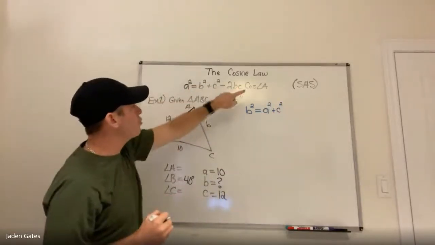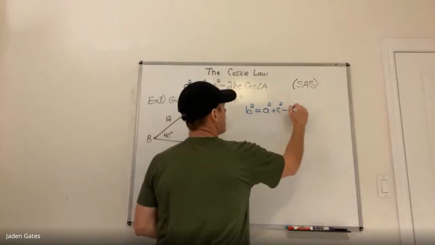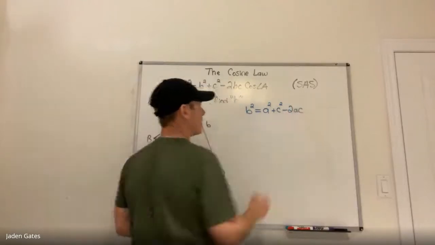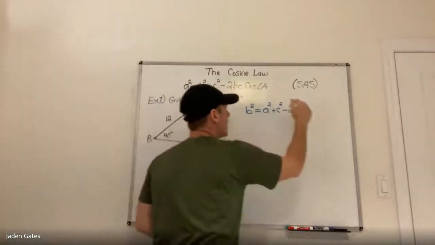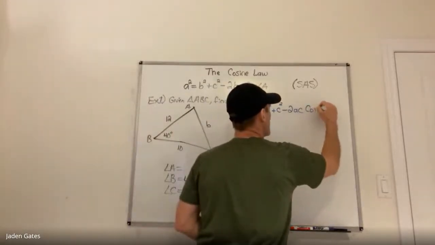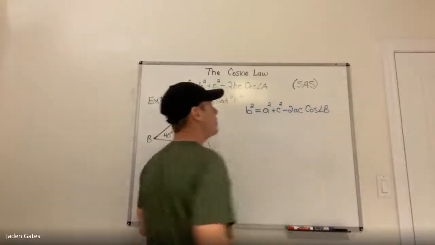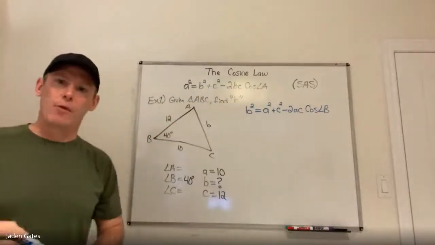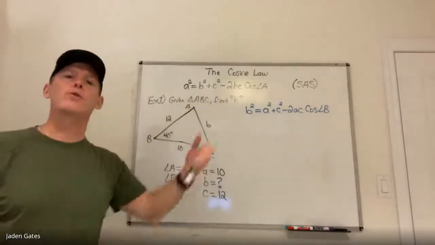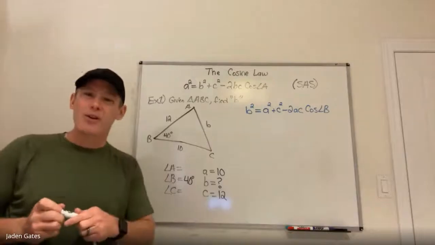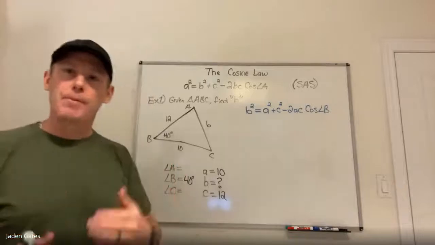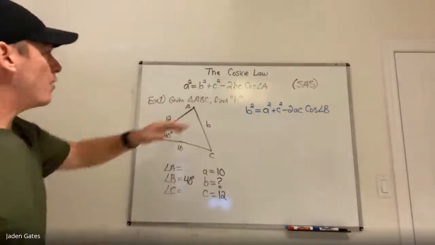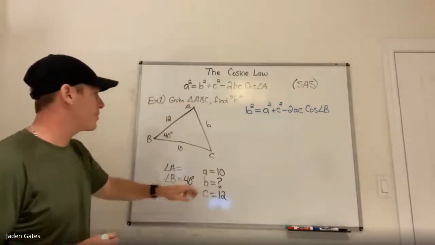Instead of minus 2bc, I'm going to have minus 2ac. Again, switching the b out for an a. And instead of cosine angle A, I'm going to have the cosine of angle B. So now I've rewritten that formula just by switching A's and B's. So now I can just substitute in, and I don't have to do any rearranging at the end, which a lot of people mess up. So now I have my formula, so I can solve for side B here.